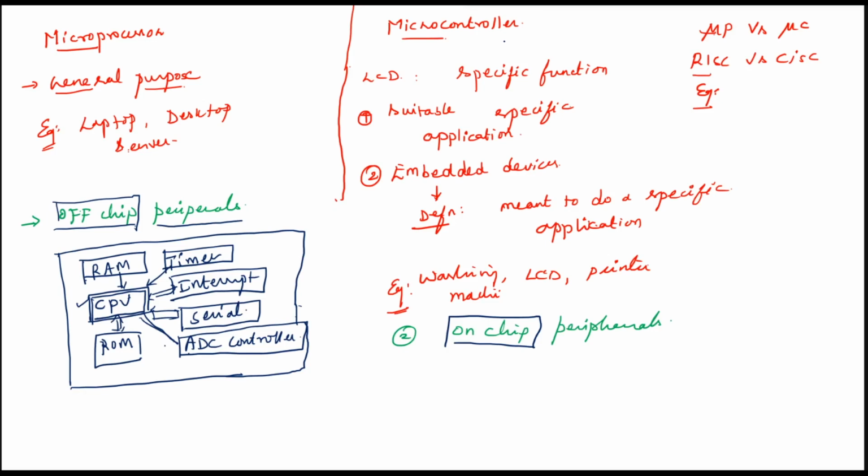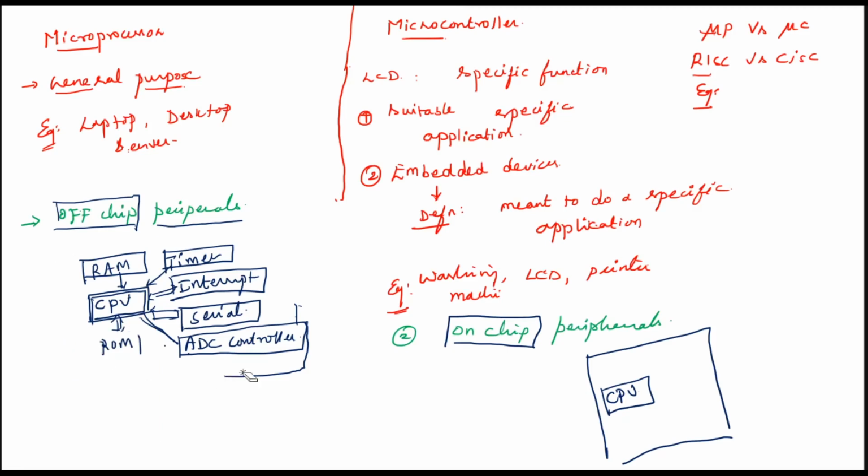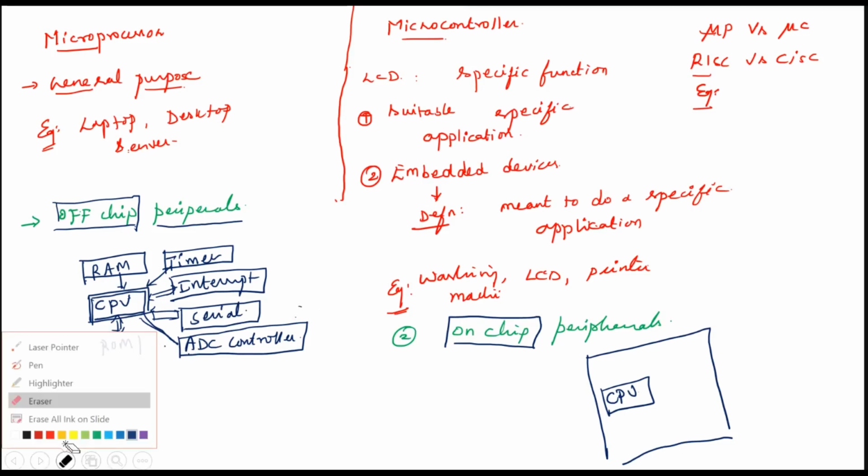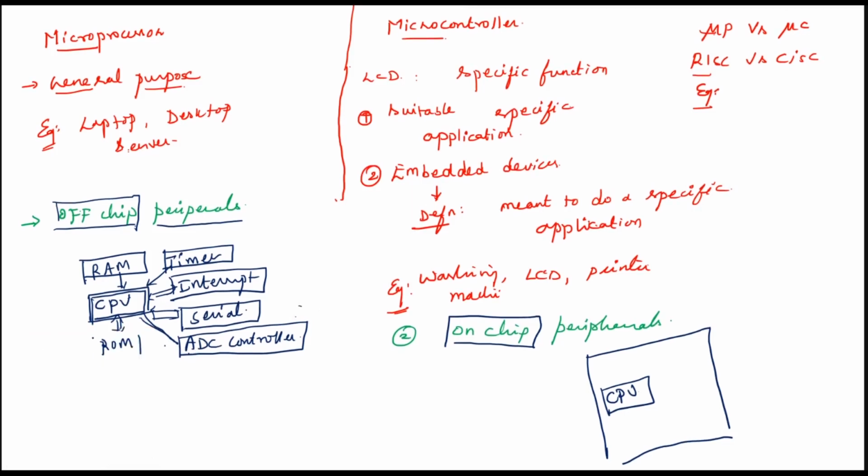So obviously, that's why we need to choose a microcontroller for designing an embedded system. When you take any microcontroller, along with the CPU, you have a CPU, and in a microprocessor we need to interface everything else externally.